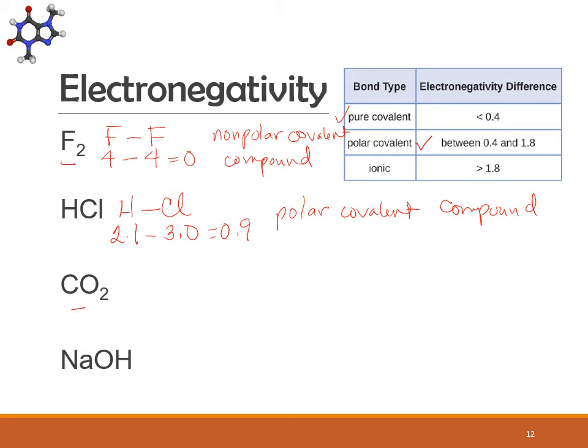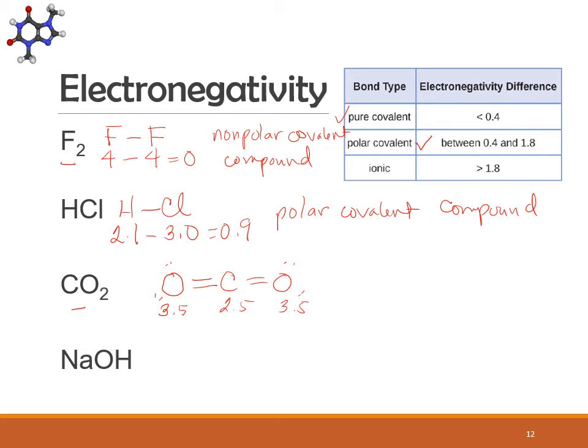Then we go to CO2. CO2 is oxygen double bonded to C double bonded to O. The electronegativity value of oxygen is 3.5. That of carbon is 2.5.